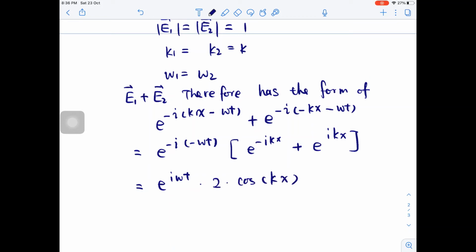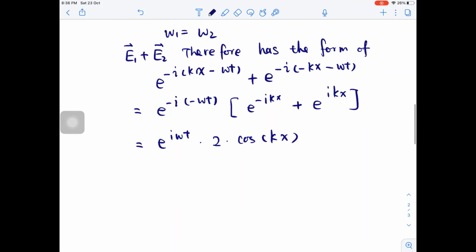So E1 plus E2 is e to the power of i omega t times 2 times cos kx. That's it. Very simple formula. And this is nothing but the standing wave waveform.